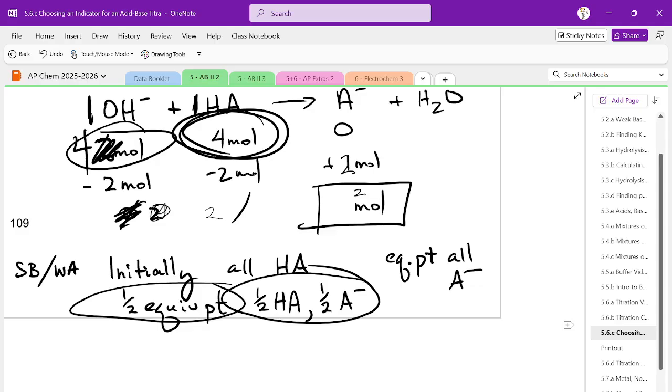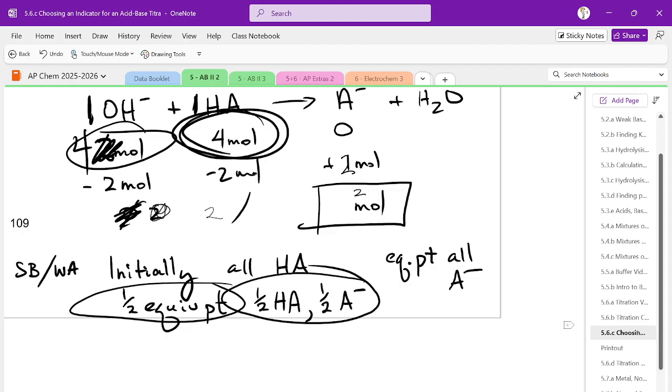So there are 2 uses for a titration. One is to go to the equivalence point. Don't worry about the pH. The indicator will tell you when you're done. All you're finding is moles. That was like on the practice quiz, where you had that question where you're just finding moles, and you say, I wanted to know how many moles there were and what volume those moles were in.